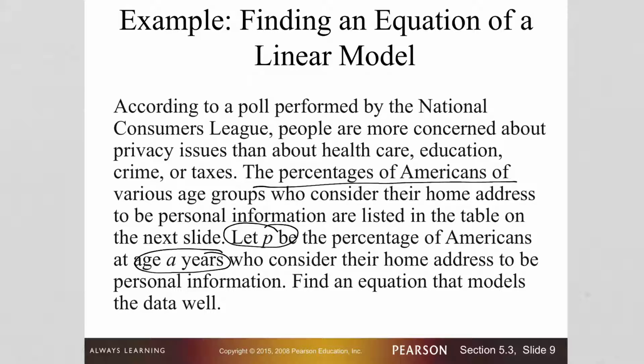Now, this one's probably not as obvious, but we are dealing with a version of time. Years is time. So in this problem, A will be our independent, and P, the percentage of people who worry about this, will be our dependent.